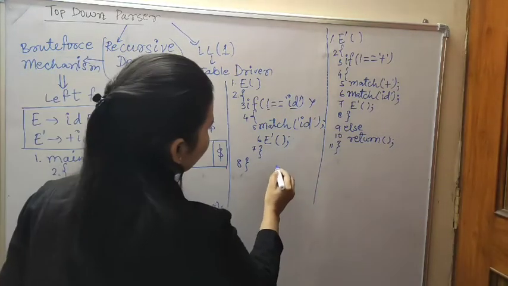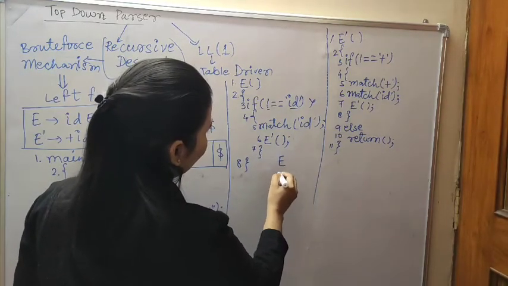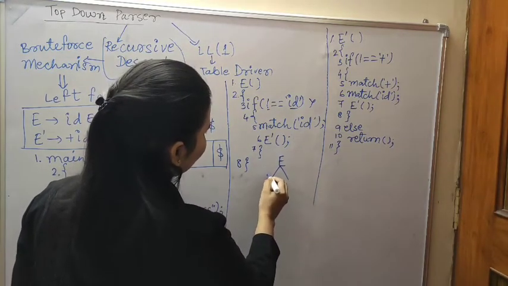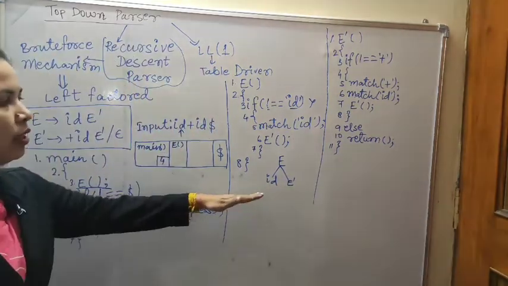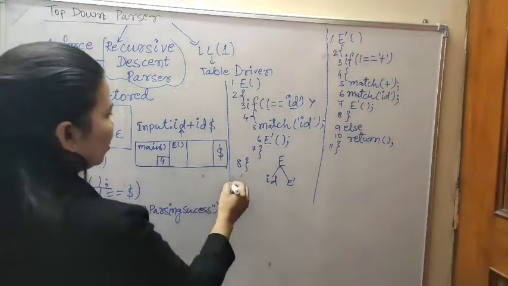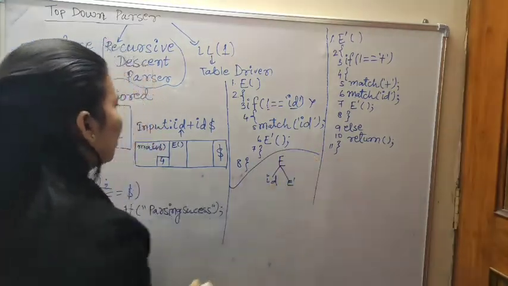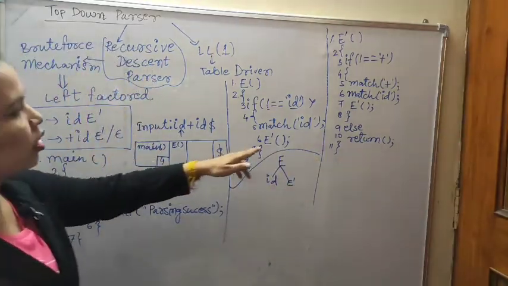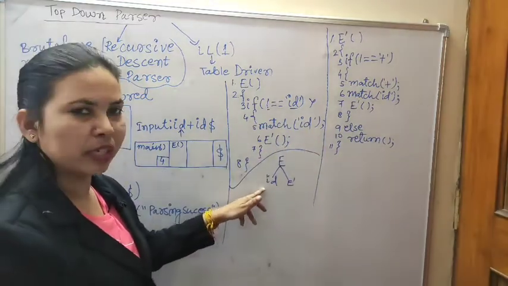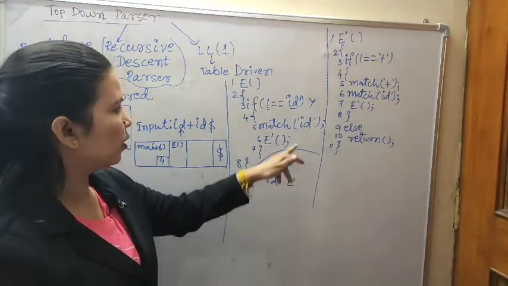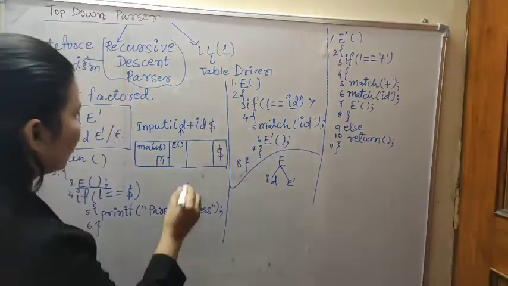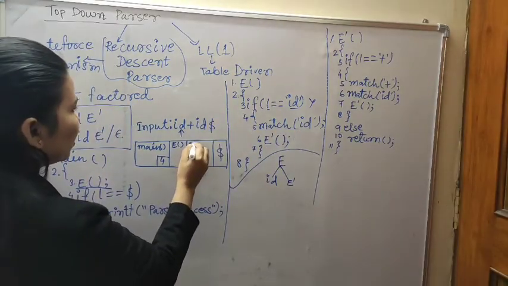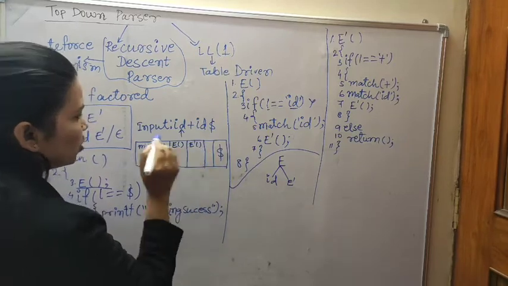So draw the parse tree: E goes to id E dash. When id is matched and printed, then E dash will come. E dash means the E dash function is called, so we will mention it here.